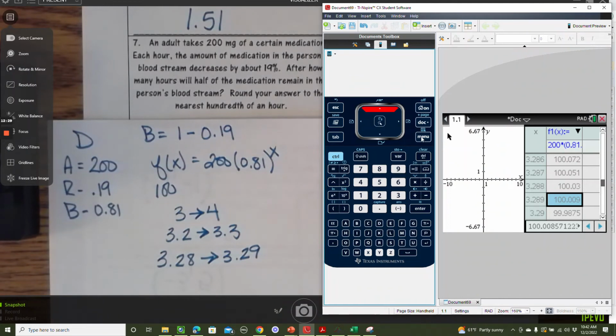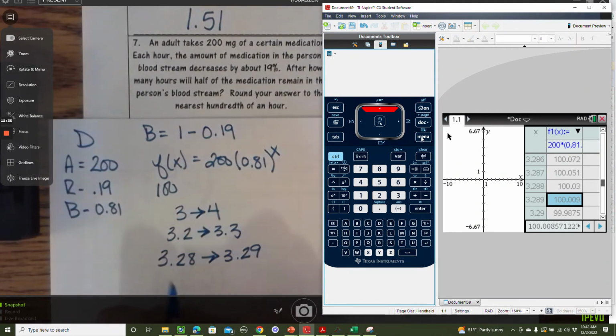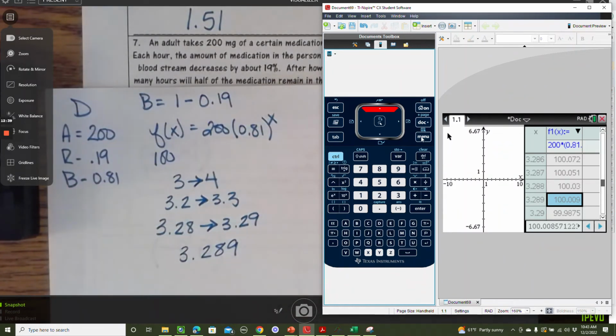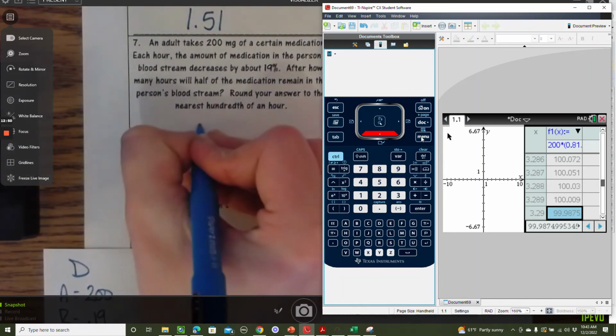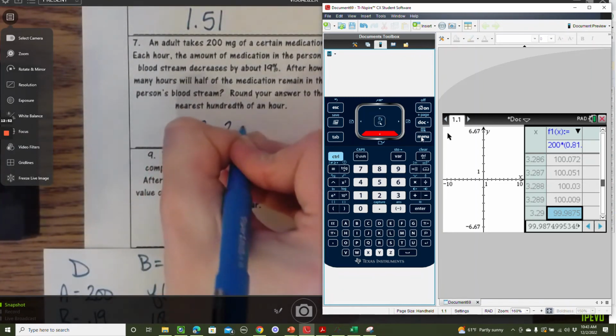Closest we're going to get, 3.289. But if we round that one, 3.289, it's going to round to 3.29, right? Which I guess would be the closest. So yeah, 3.29.